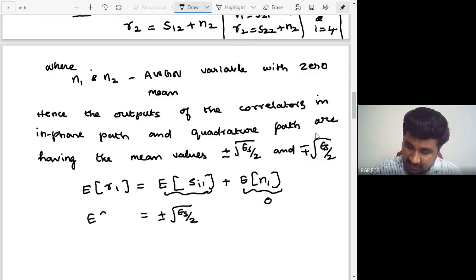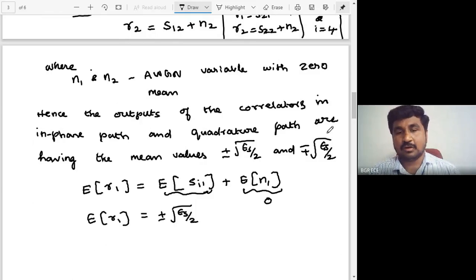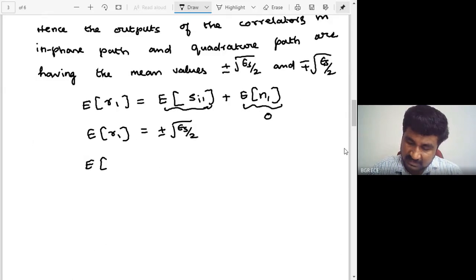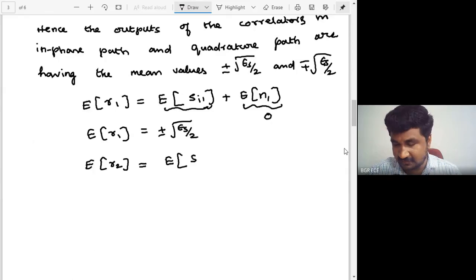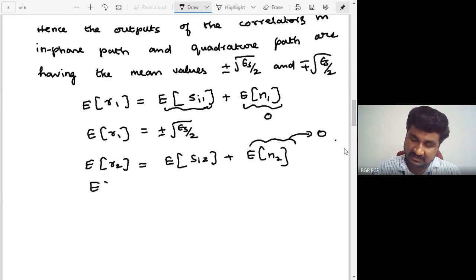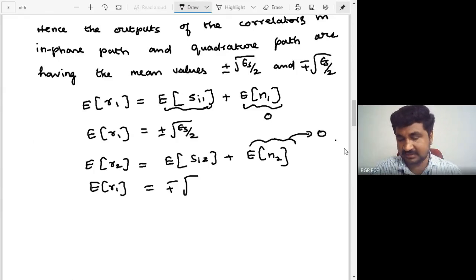So the mean value of the correlator output in the in-phase channel is plus or minus square root of Es by 2. Similarly, the mean value of R2 can be written as expectation of Si2 plus expectation of N2, and we know that the noise has a 0 mean, so the expectation will be written as plus or minus square root of Es by 2.